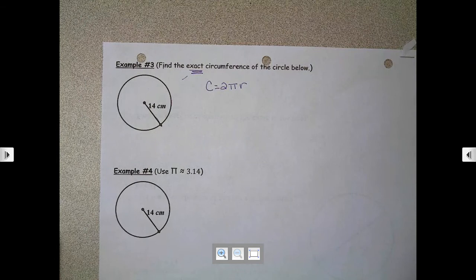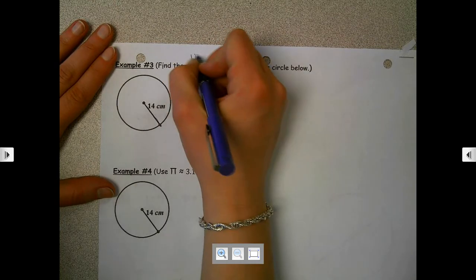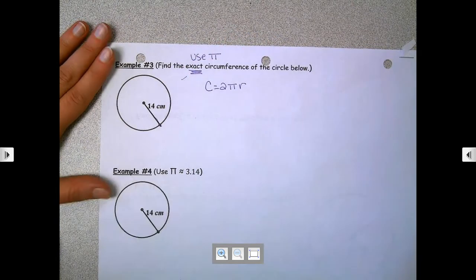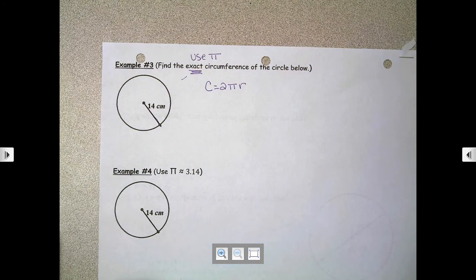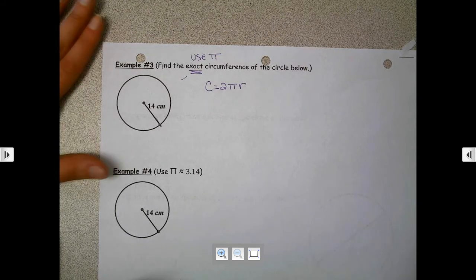If we were to use 3.14 or 22/7, that's an approximation. And with pi, because it is a non-terminating, non-repeating decimal, then the only way that we could have an exact measurement is if we use pi. Okay, so in this instance, because it's asking for the exact circumference, we are not going to replace pi with anything. We're going to leave it as pi.